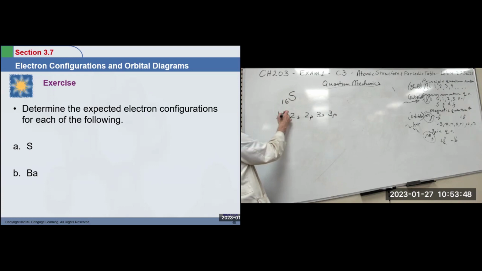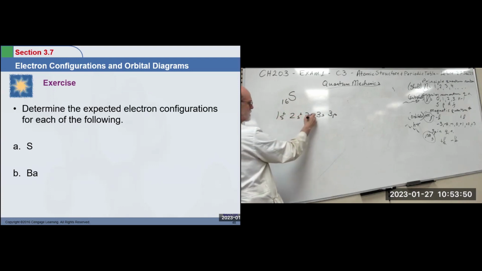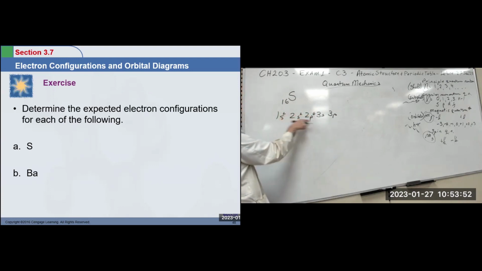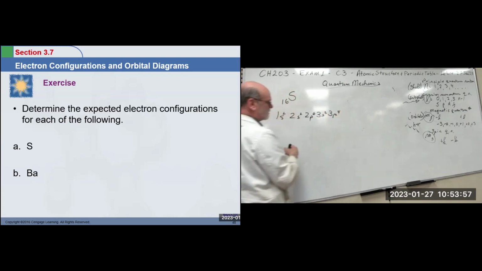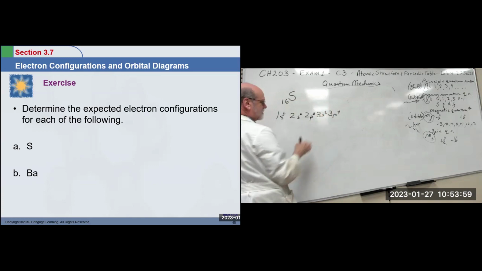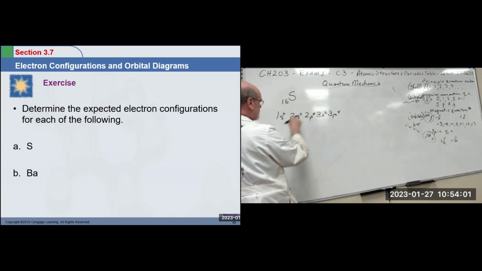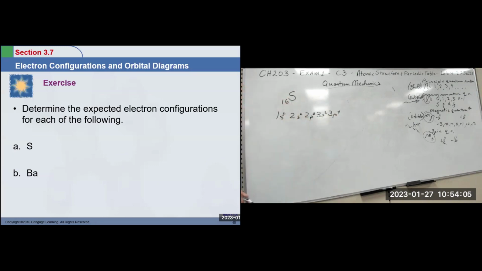So S's can have 2, 2, 6. So that's 10. We got 6 more. Now we need 4 more. Okay, let's count them up. 2, 4, 6, 10, 16. There we go. That would be the electronic configuration for sulfur.